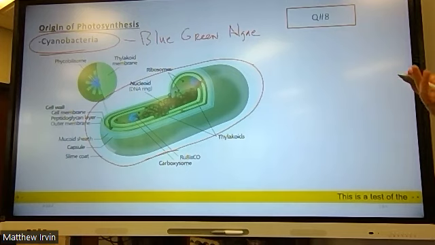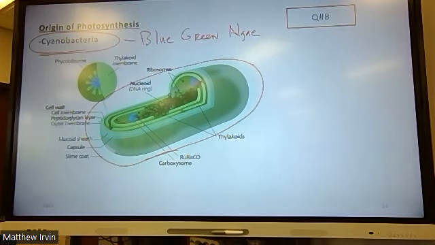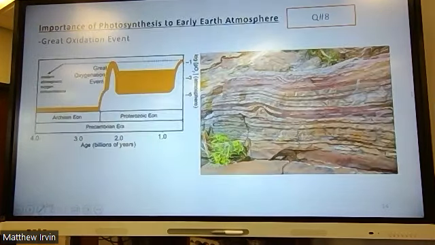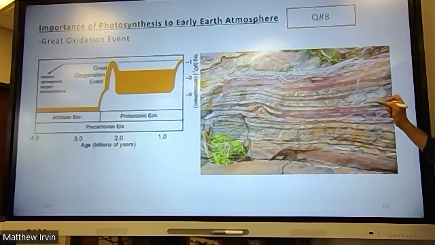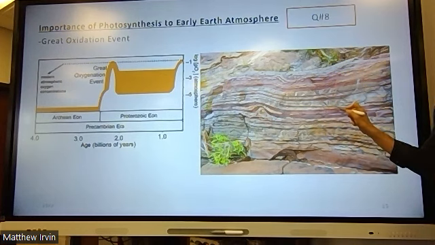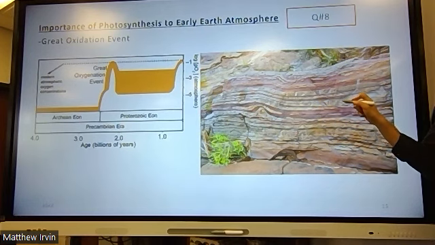And the reason that this is significant is that this is where our original oxygen probably came from these early cyanobacteria cells. And so when we look at geological evidence, so looking at these rocks right here, you can see these different layers, and then you see these rust-colored layers, and it's rust-colored because it's rust.